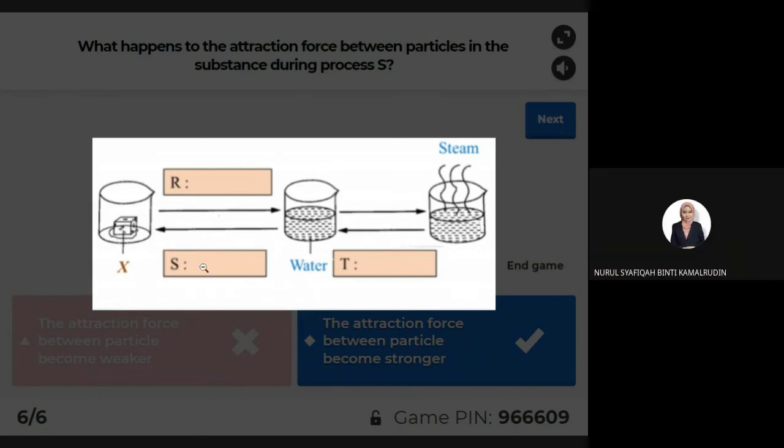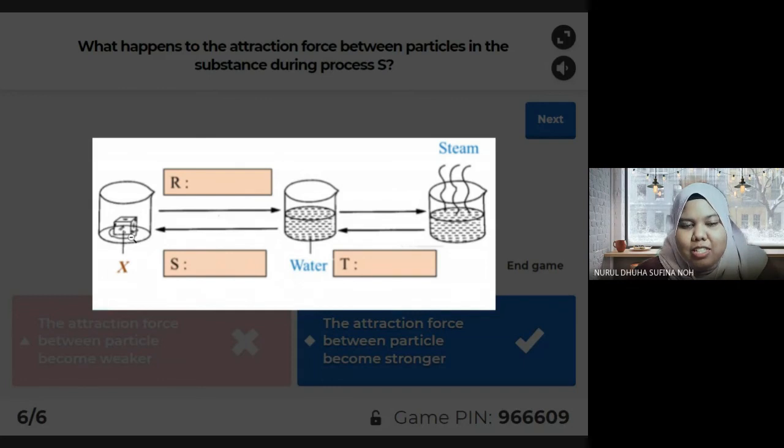S is a freezing process. This is because the water will convert to solid, thus the particles in a solid will be closely packed and the attraction force between particles becomes stronger. Yes, correct. As it becomes more packed, they can attract each other more.